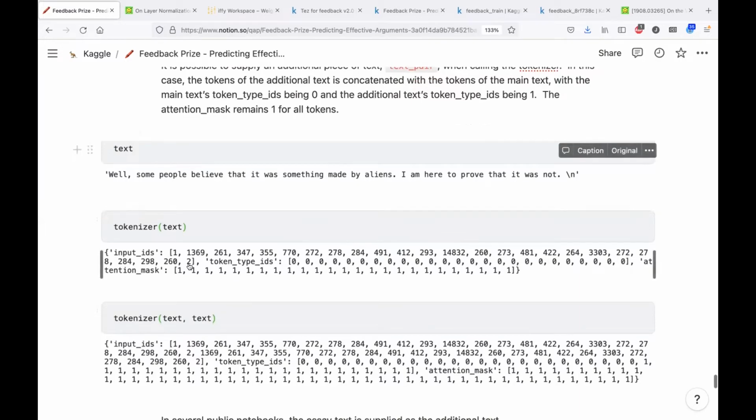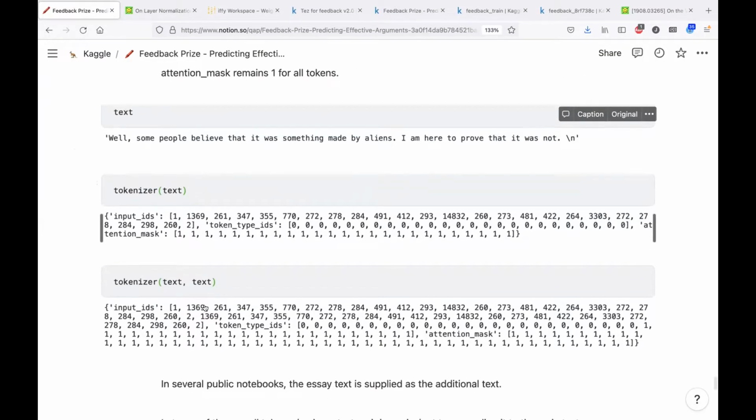And then I give it to the tokenizer again, using it as the extra text, as one of the arguments. It looks like the first token is 1369, and the last one is 260.